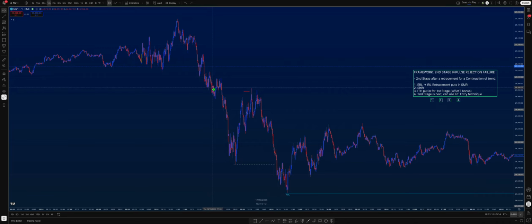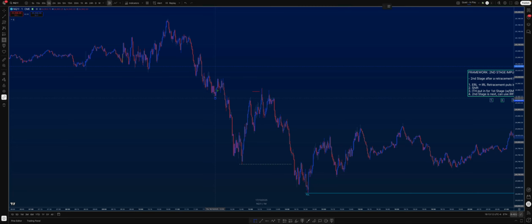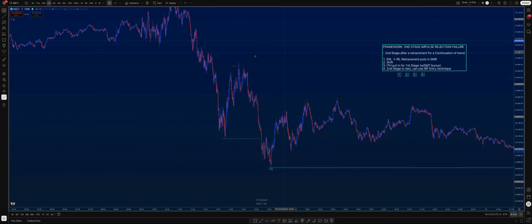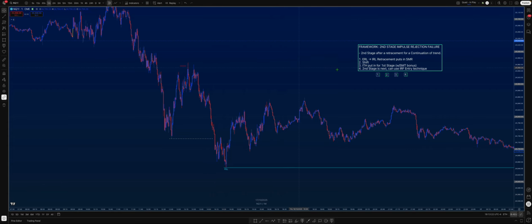Sure, internally there's small parts of buy side delivery, such as from there up to there, but in general it's all sell side delivery within retrace. So significant retracement puts in the smart money reversal, which is what I've got one. So ERL to IRL or retracement puts in the smart money reversal.